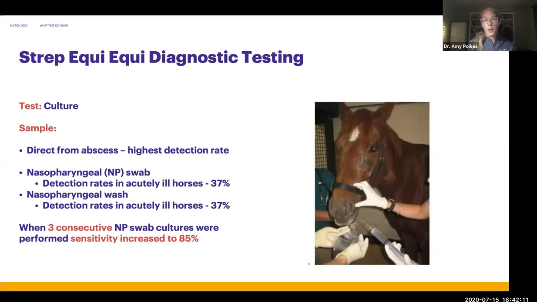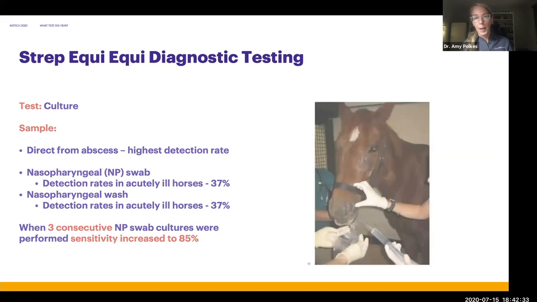So when you're trying to make your decisions, if you don't have a large abscess that you can get a sample from, I would say that you're much better off doing PCR, because if you just send it in for culture from just a swab, it's got such a low detection rate, you could miss that horse that really does have strangles.